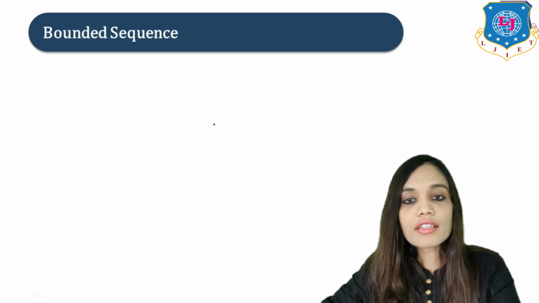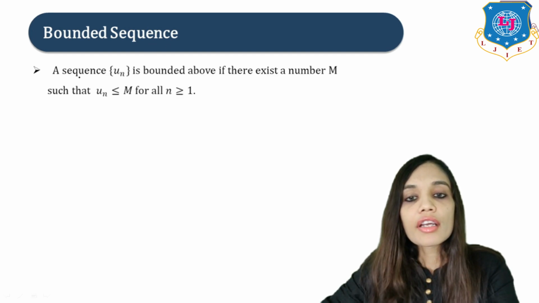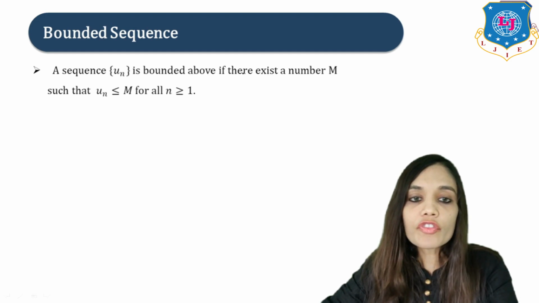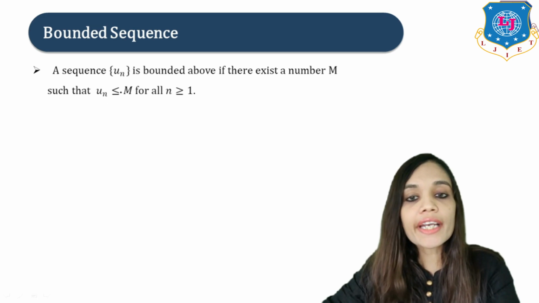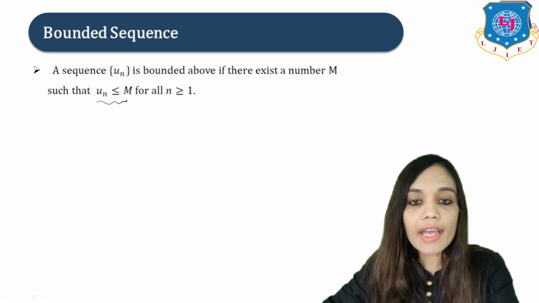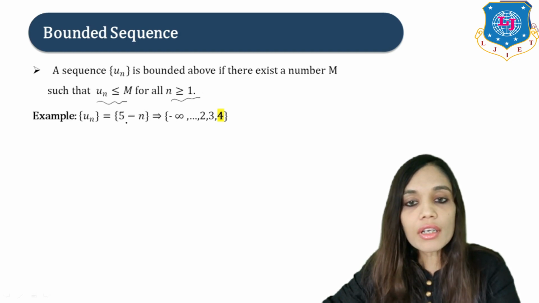Next, let us study bounded sequence. So let us define: a sequence u(n) is bounded above if there exists a number M such that u(n) is less than or equal to M for all n greater than or equal to 1. For example, the sequence u(n) equal to 5 minus n.